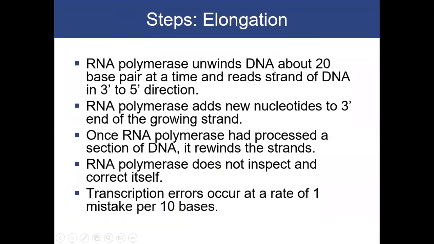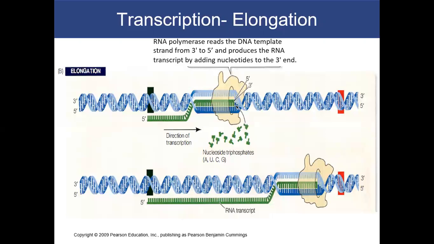Okay, let's go forward. Once the polymerase has processed a section of the DNA, it is very different from replication: as soon as a part of it is processed, it rewinds the strand. The RNA polymerase is not as complex as the DNA polymerase. It does not inspect and correct, and so sometimes transcription occurs at the rate of one mistake for every 10 bases.